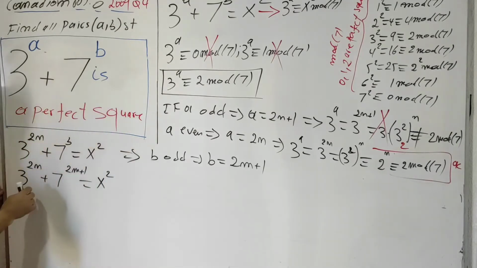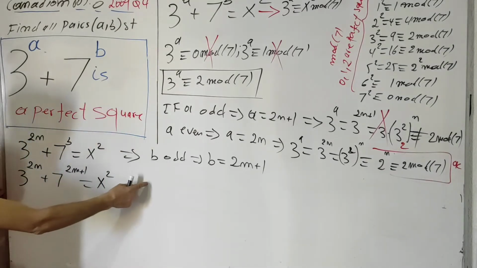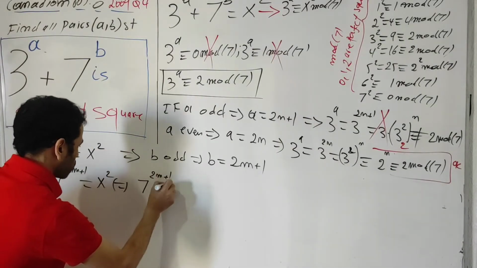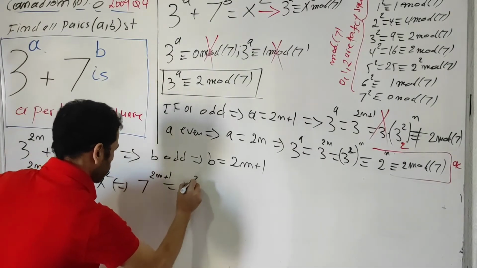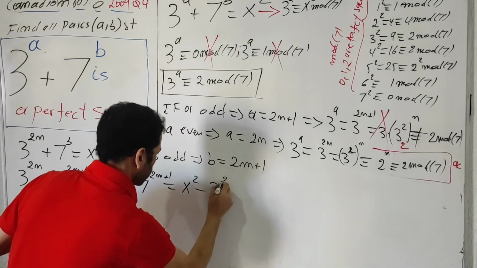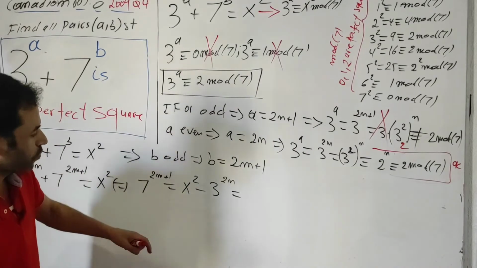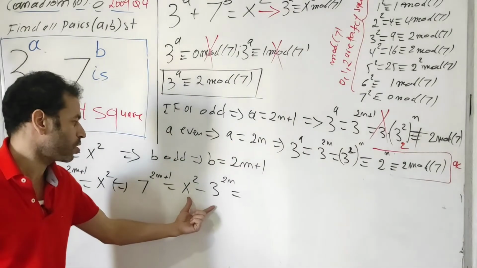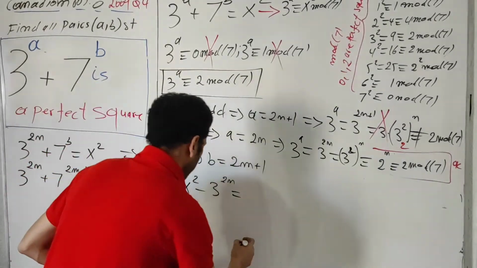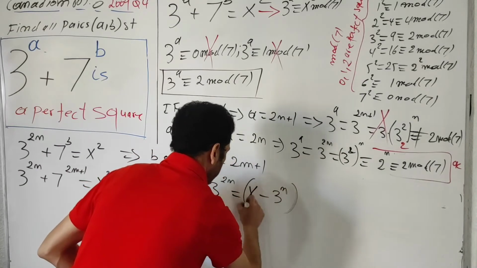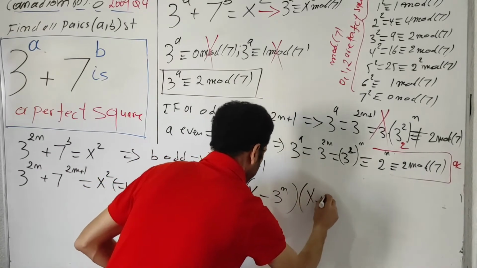By taking 3 to the 2n to the right-hand side, 7 to the 2m plus 1 equals x squared minus 3 to the 2n. This is written in the form of a difference of two squares, so I'm going to factor it: x minus 3 to the n times x plus 3 to the n.